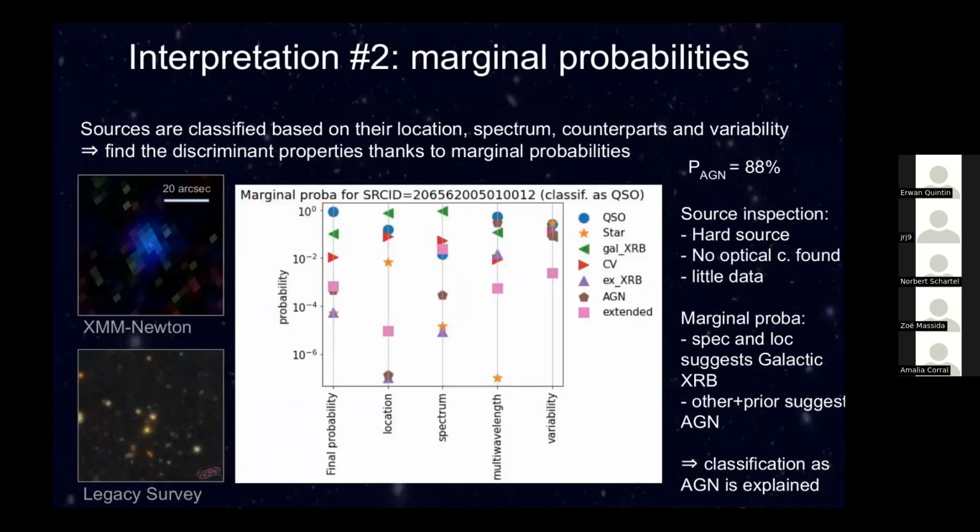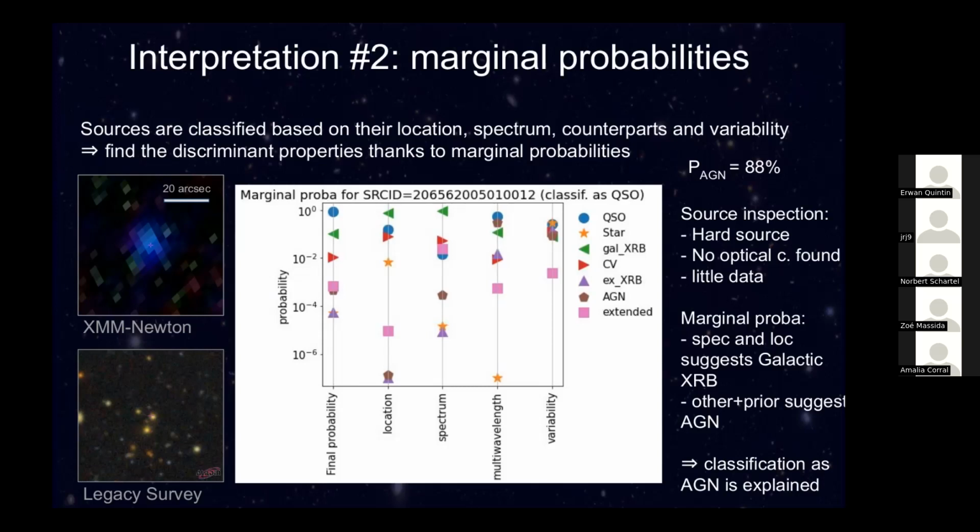So this one is my favorite. You can also use the marginal probabilities to interpret the classification of one particular source. You see, for example, this source in X-ray and in optical, and it is classified as AGN with 88% probability. So it's the final probability, but you have also the marginal probabilities for location features, for spectrum features, for multi-wavelength features, and for variability features.